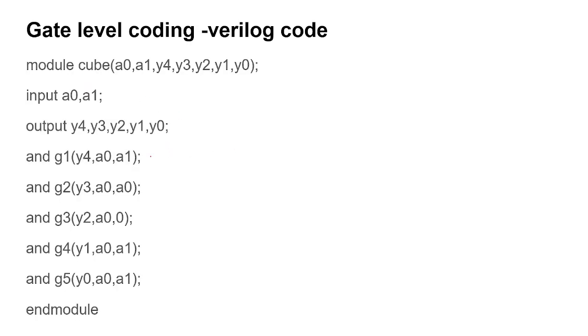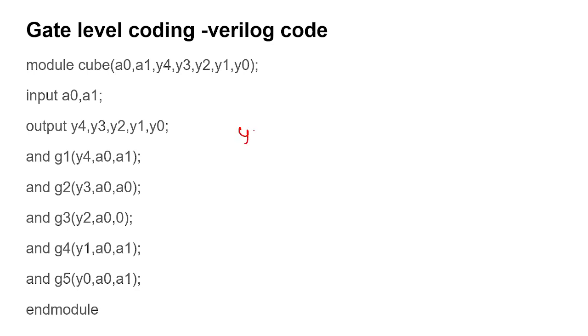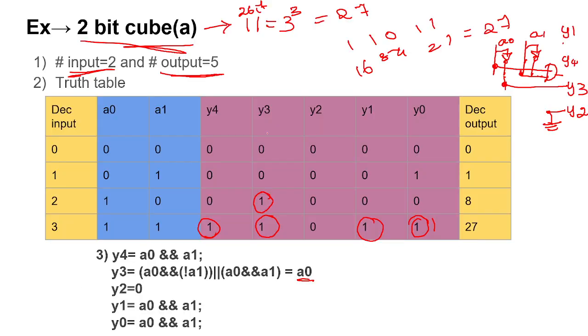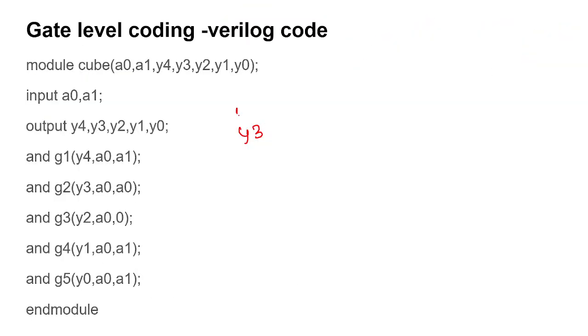And then we can implement y3. Y4 is a0 and a1, y3 is a0, y2 is 0, and y1, y0.